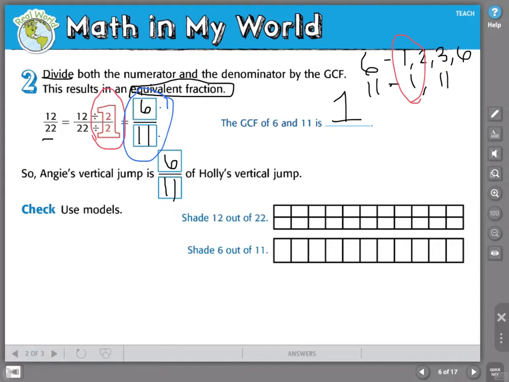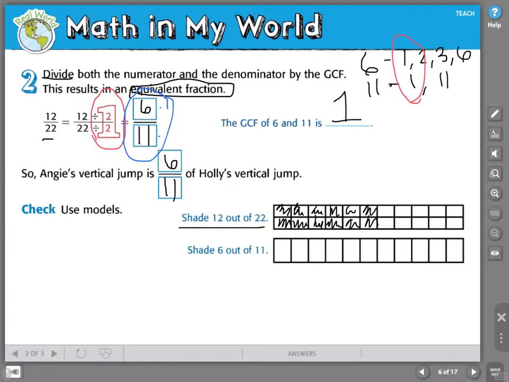We can check by using a model. Our first fraction was 12 out of 22. So I'm going to shade in 12 of these 22 pieces. 1, 2, 3, 4, 5, 6, 7, 8, 9, 10, 11, and 12.